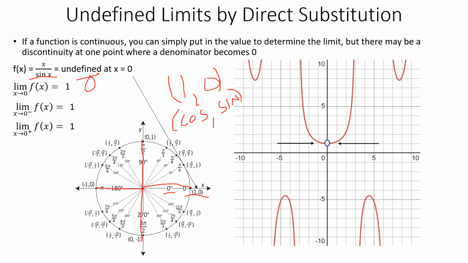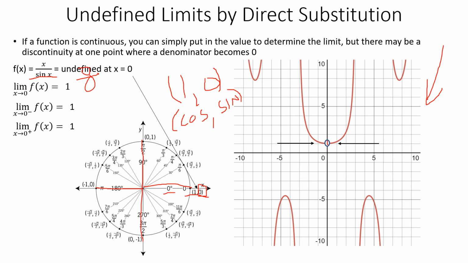I can have a 0 in the numerator, but I can't have a 0 in the denominator. If I graph this, it looks like this graph right here, kind of a strange looking graph. I've got an open hole here, and this is undefined, obviously, because sine x is 0 and I cannot have a 0 in the denominator.